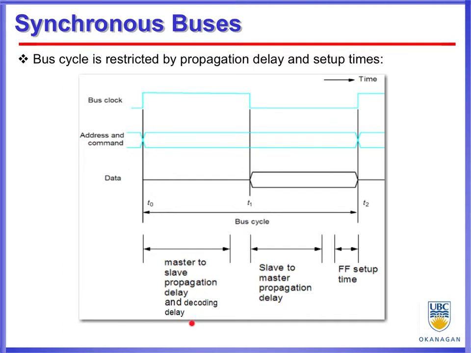The other is decoding delay. It takes some time, even once these signals arrive at the main memory unit, for the circuitry in it that decodes that address to determine that it's my address, and go and get the data from memory. That especially takes some time, as we'll talk about when we talk about memory after the break.